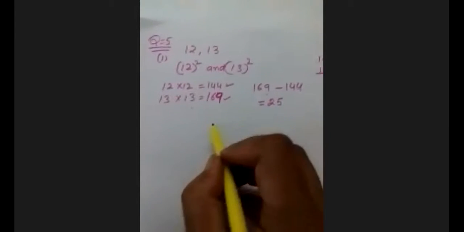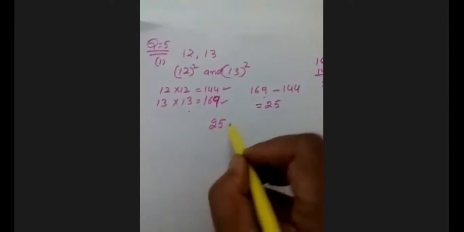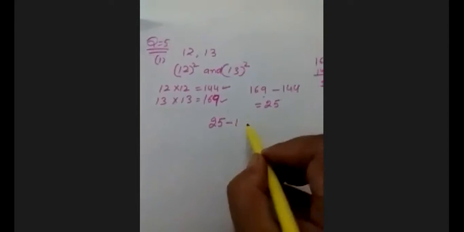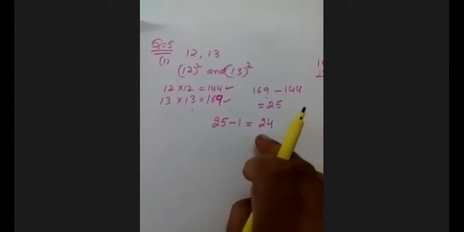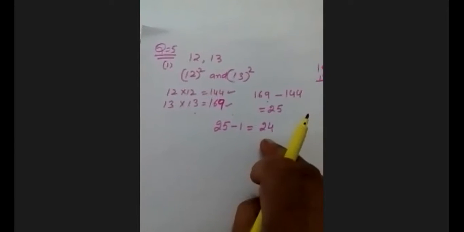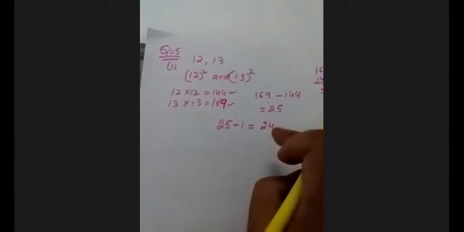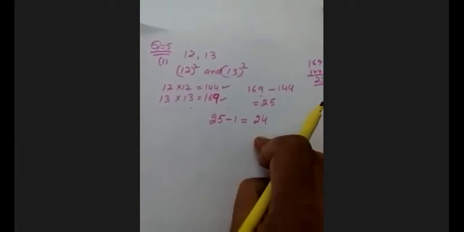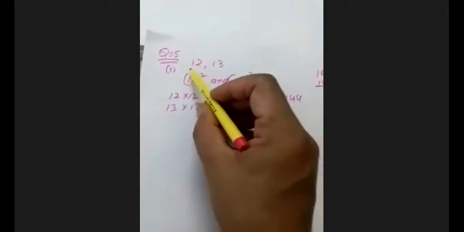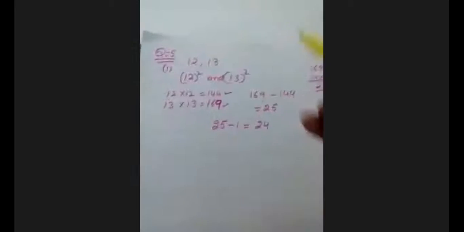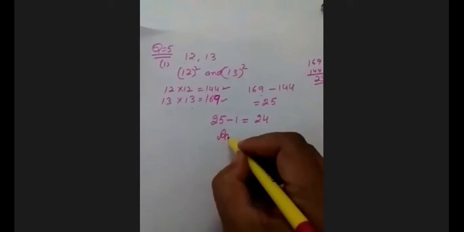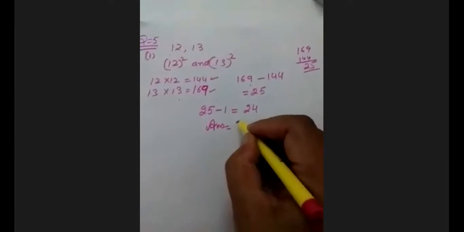So the rule is 25, n minus 1. 25 minus 1 is 24. So here your answer is 24. So it means there are 24 natural numbers between the square of 12 and 13. So your answer is 24.